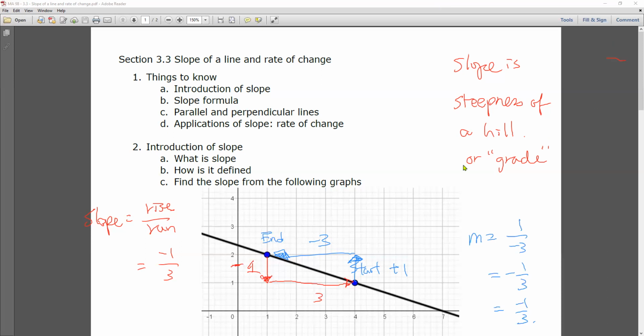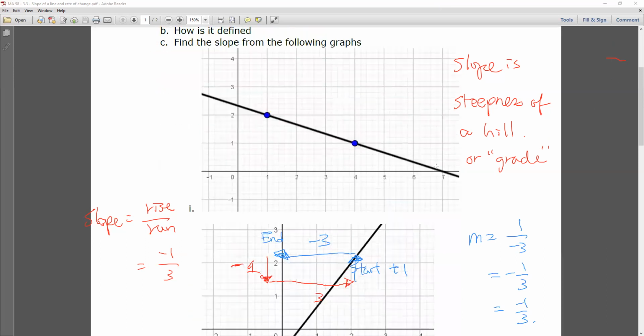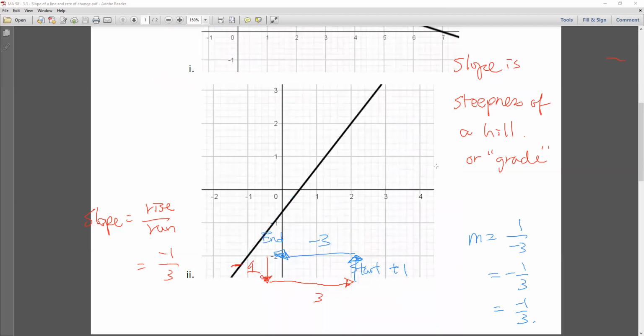Let's try another problem. All right, so now let's go ahead and try this second problem right here. Notice for this problem, I did not give you any points on the graph. So you need to figure out where the points are. And the best way to pick the points is this.